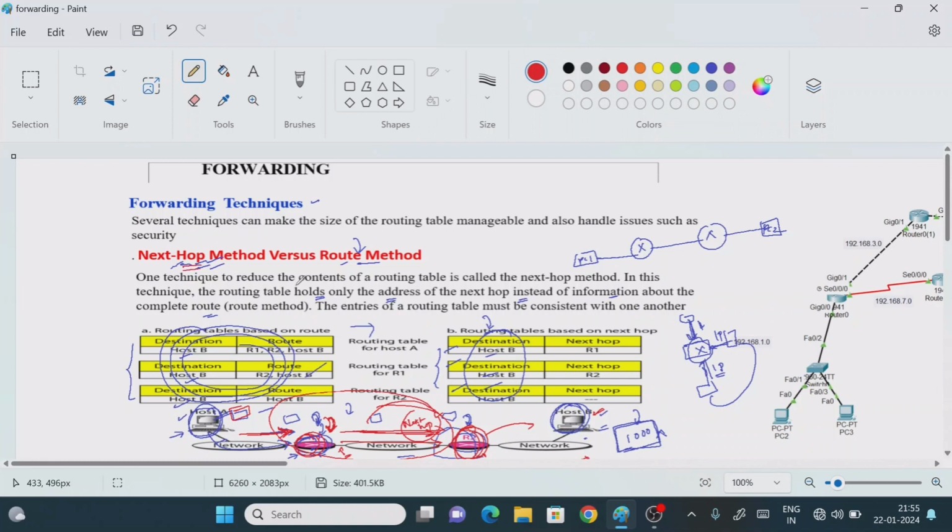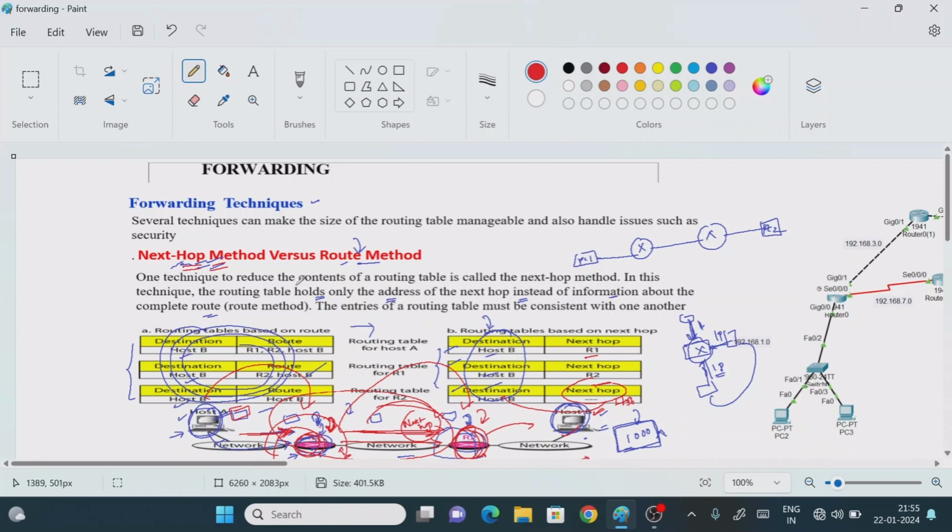For host B, it requires only knowing R1. The moment it reaches R1, it requires only knowing R2. When the packet is at R2, it does not need to know anything else, because host B is our destination. So in real time also we only use the next hop method.